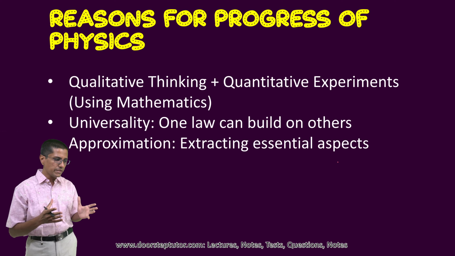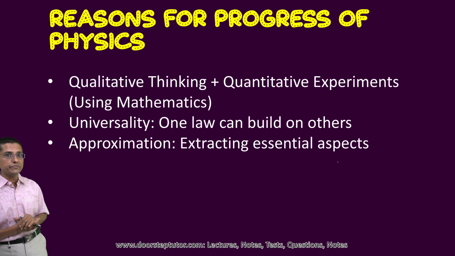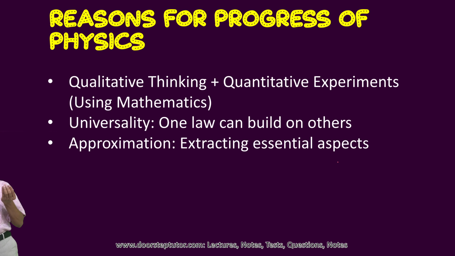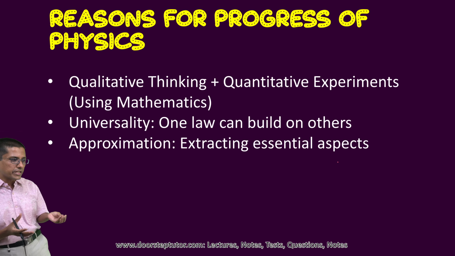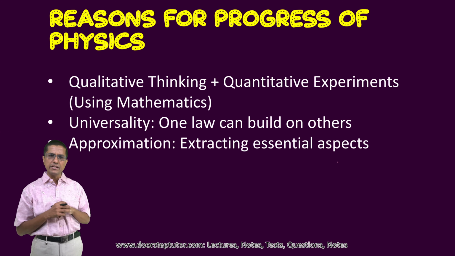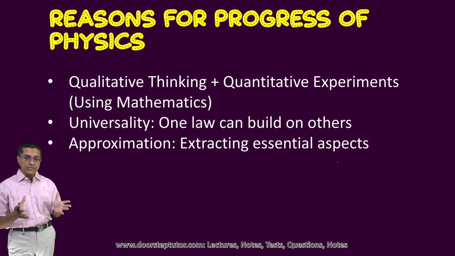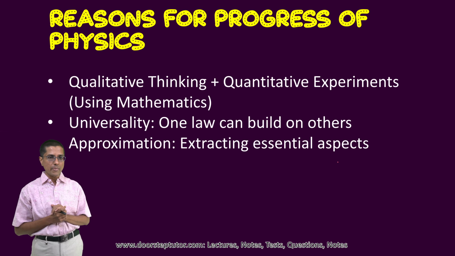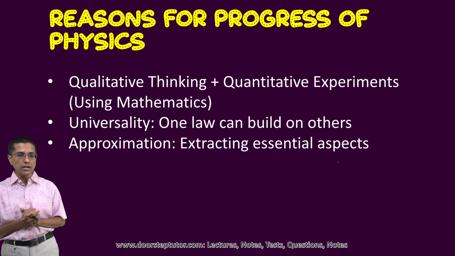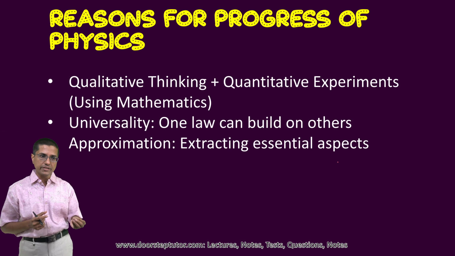Why in the previous 2 centuries has so much been done in physics? Before 2 centuries, we didn't even understand basic things like the atom, electricity, or waves. We didn't know any of these things with certainty. In the last few centuries, we have been able to understand so much more about the world, so much better. What is the reason behind that?